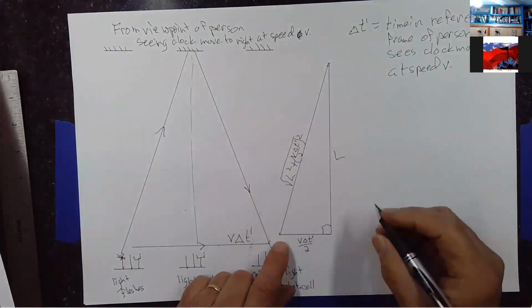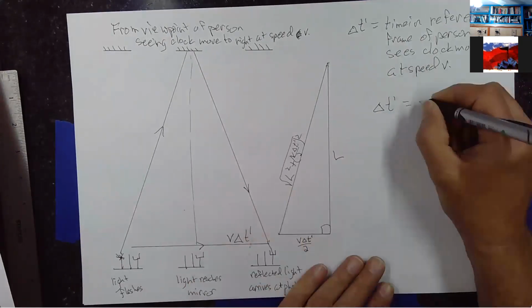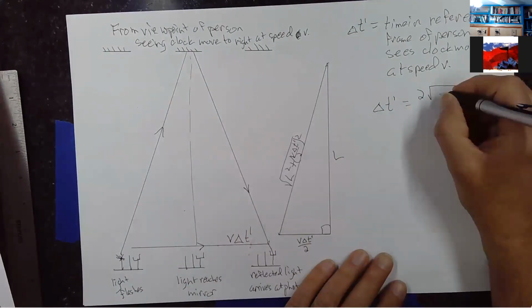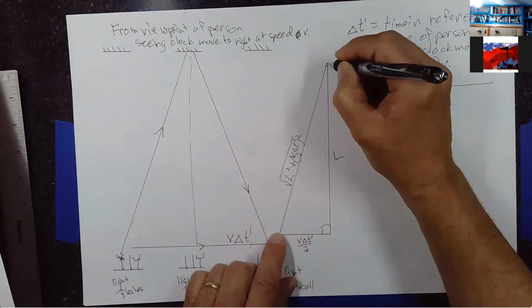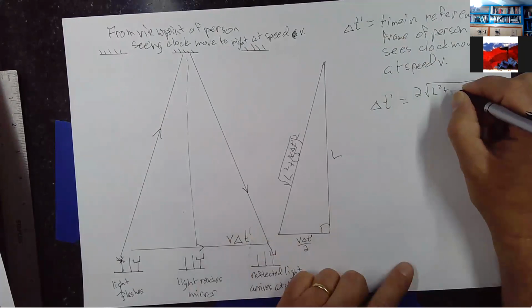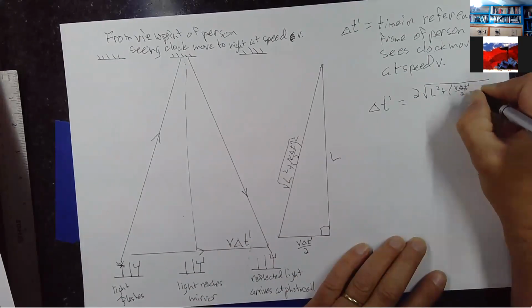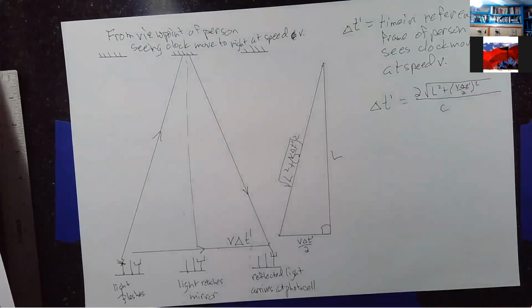And so the delta t prime will actually end up being twice the square root of L squared plus v delta t prime over 2 squared, because it goes up that far on the one part of the trip and comes back down that part. And we divide that by the speed of light. And so that's what we get.